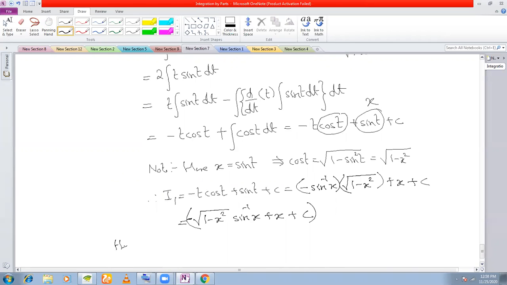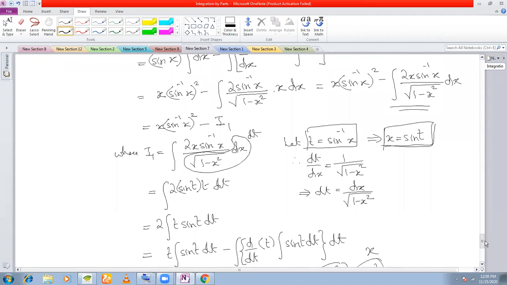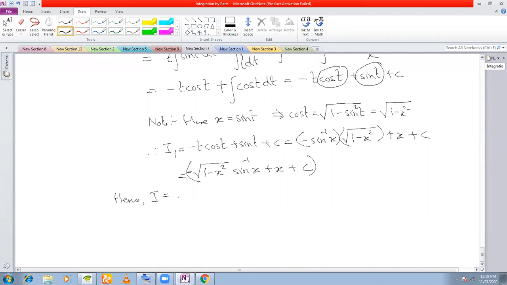Hence, what is I? What was my I here? I here was x sin inverse x whole square minus I1.